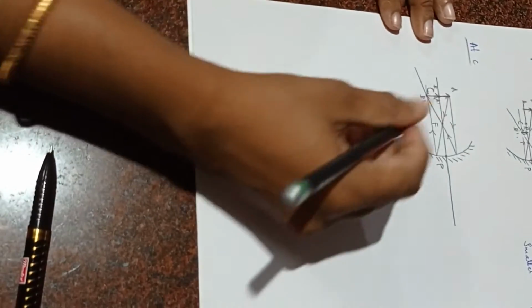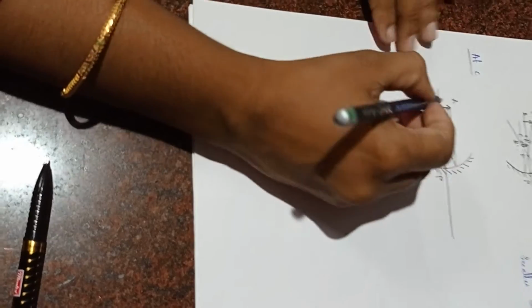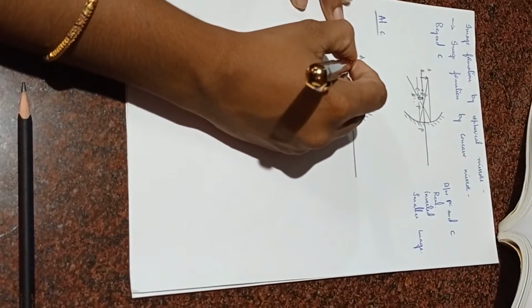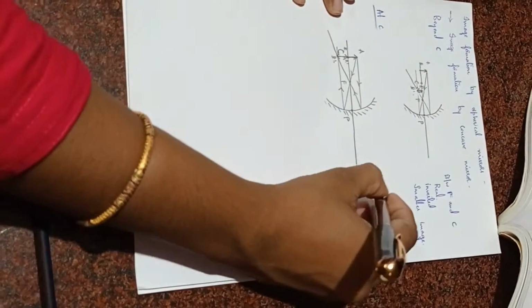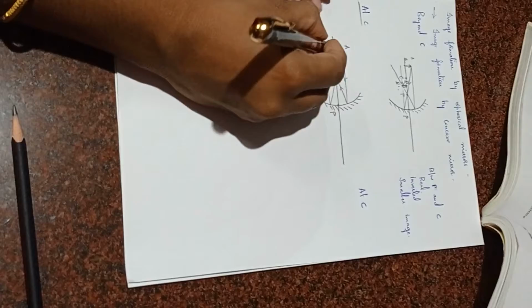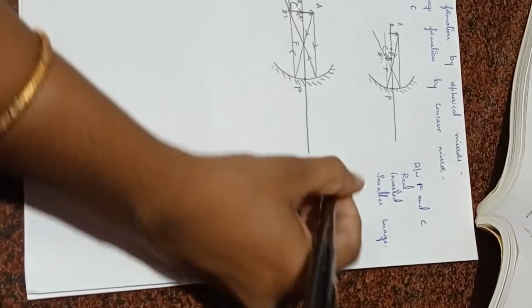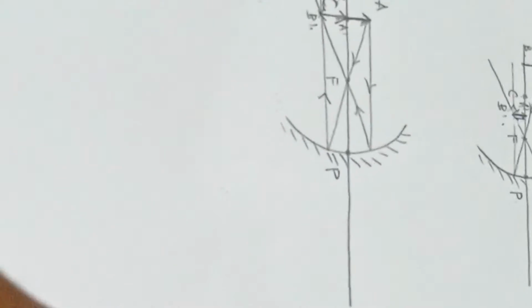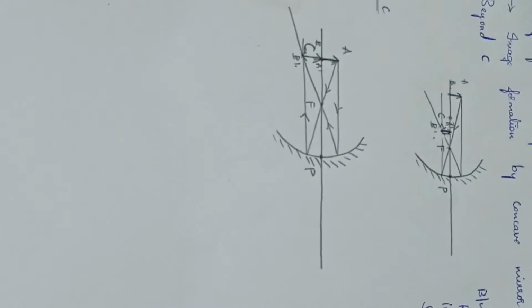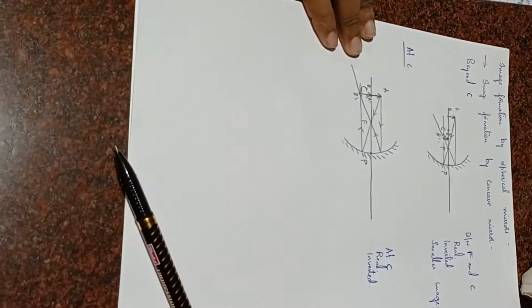Now in this case, when the object is placed at the center of curvature, what happens? The image is formed at the center of curvature, at C itself, and the image formed is real and inverted. Once again, you will get an inverted image.